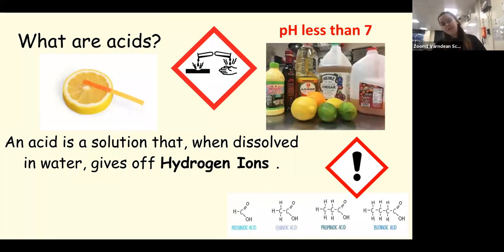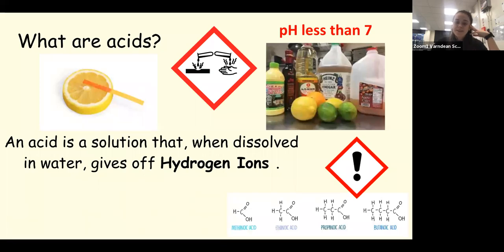Now we're going to find these in the labs, and the ones that we find in the labs are going to be a bit more harmful, but you can find them in your home as well. So this picture on the screen, we've got some lemons, we've got some limes, we've got some vinegars. They are all types of acids. So we've said that an acid is something with a pH less than 7.